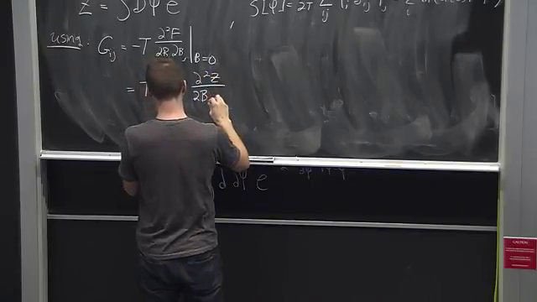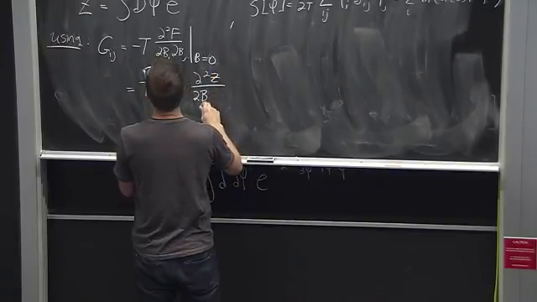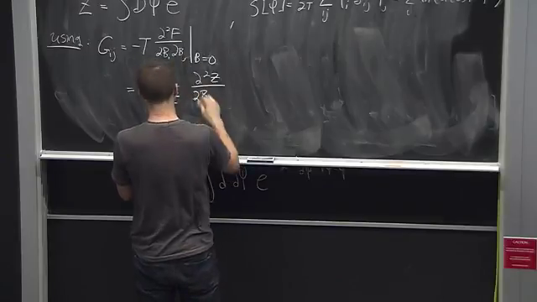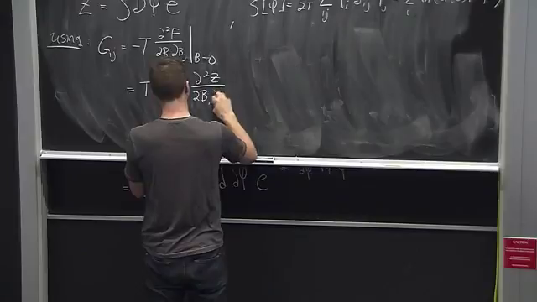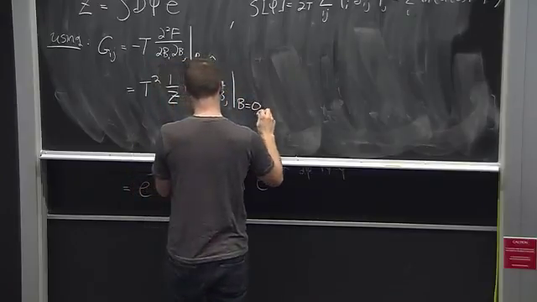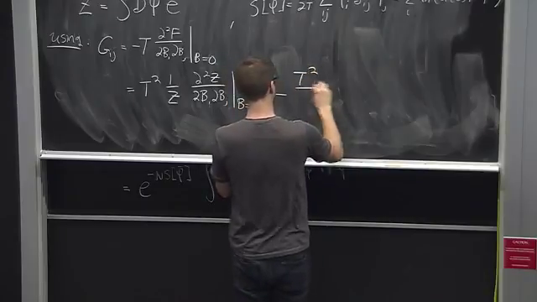And I'll write in terms of, instead of F, I want to use Z. So BI, BJ. So I think this is what I want.